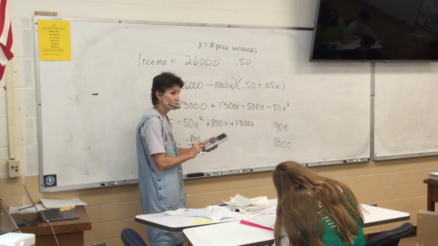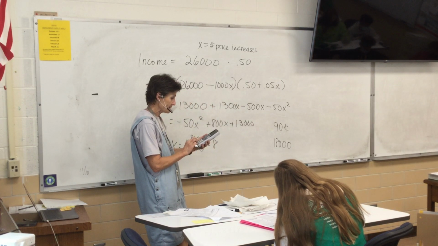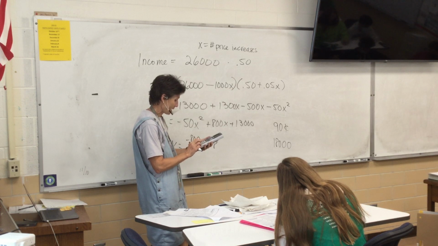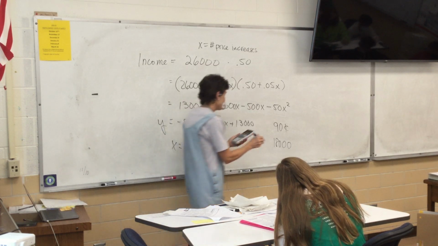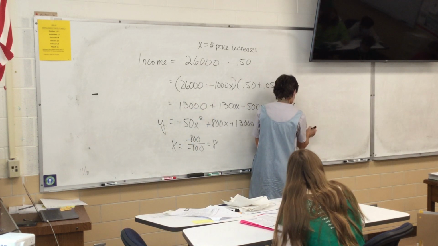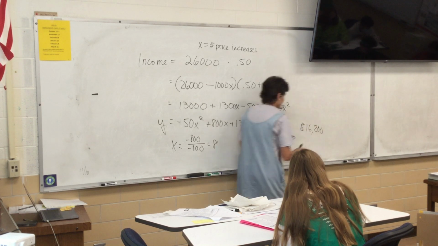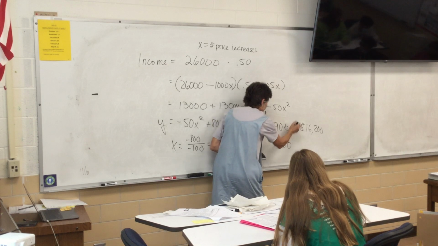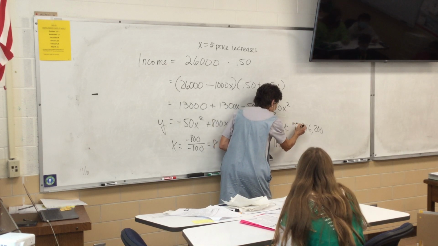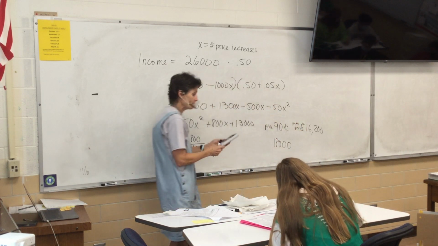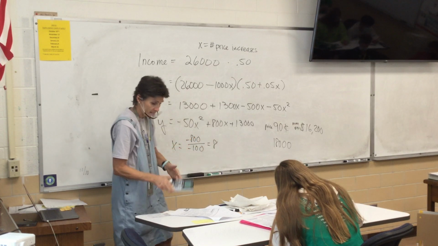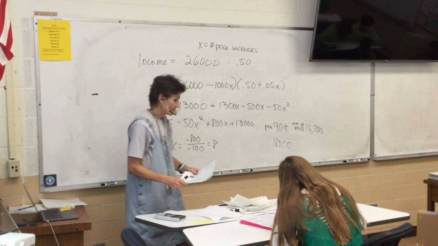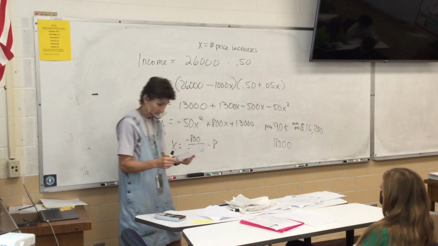Won't I just multiply those together? 18,000 times 90 cents. My revenue is $16,200. So this is the price I should be charging, and this is my maximum revenue. Because revenue, income, is the number you sell times the price each.